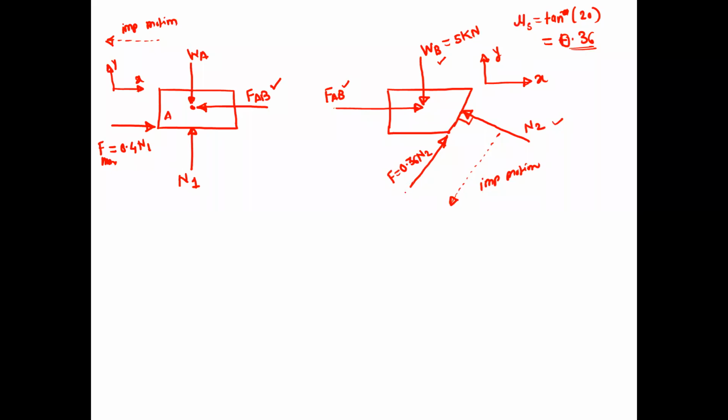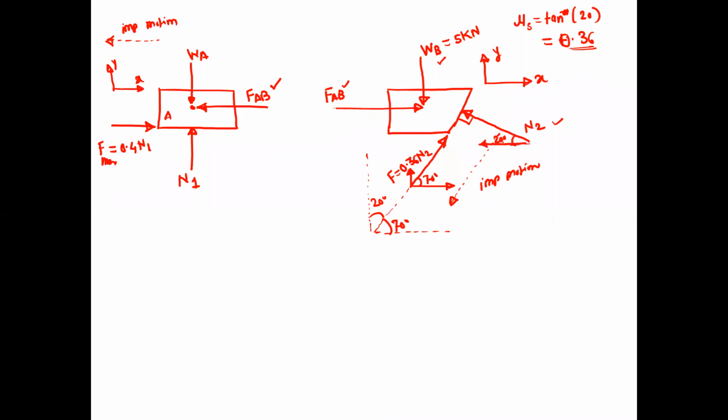So try to find out the angle of N2 and this 0.36 N2 with respect to X and Y axis. If we refer to this inclination, this angle is given as 20 degree. So with respect to X axis, it will be 70 degree. Now you can resolve the force. This is the X component and this is the Y component. For N2, this is 90 degree, this is 70 degree, so this angle will be 20 degree.